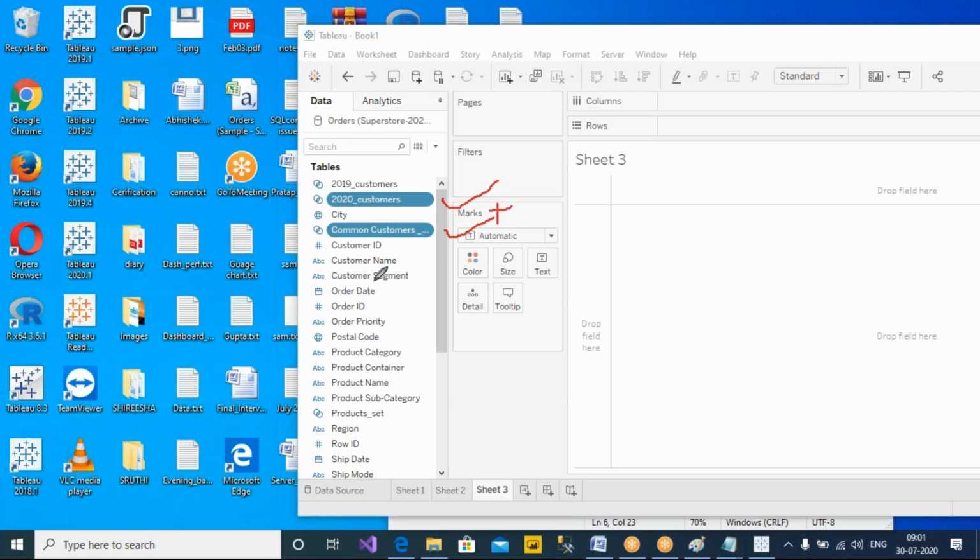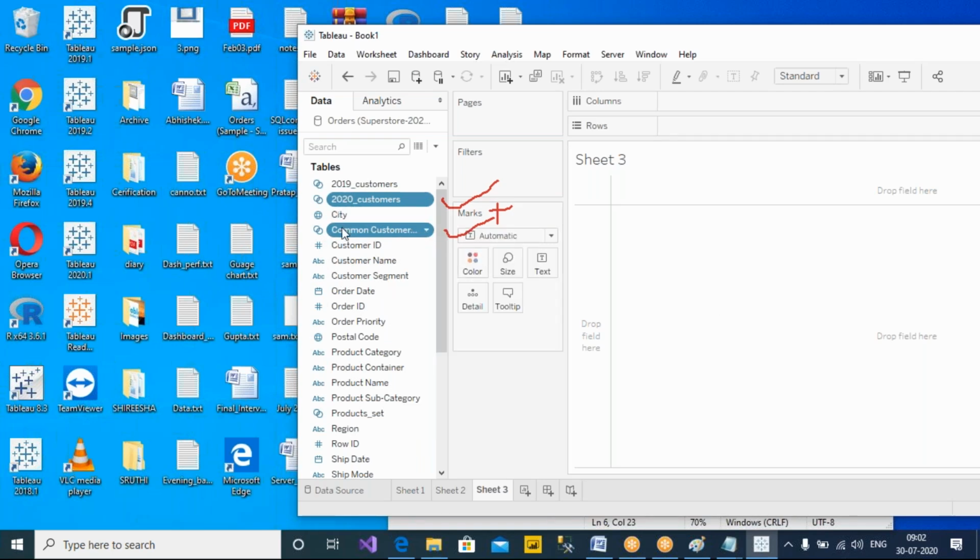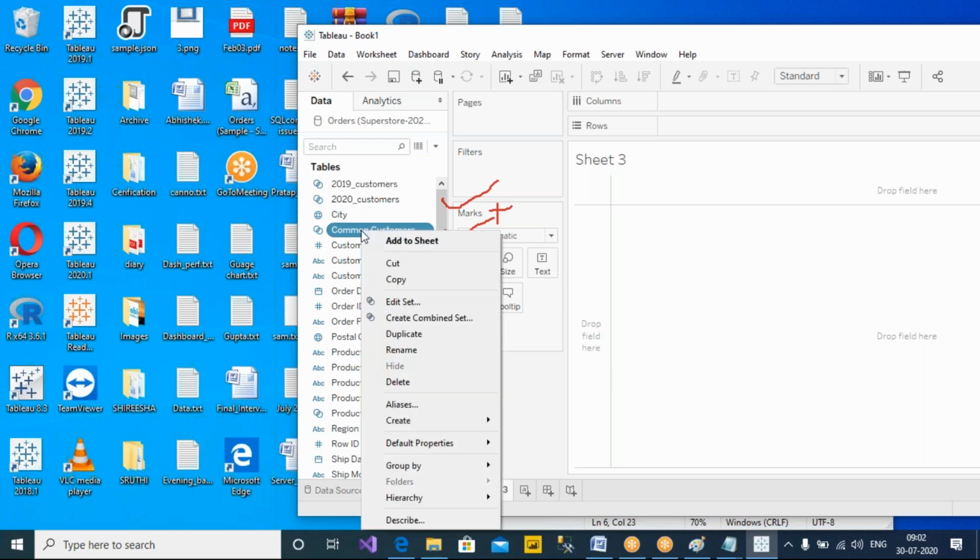That means the interview question is, can you create a combined set for a set which is already combined? Right click on this and you can see this option is available again. So when you have already combined two sets, on that combined set you can definitely join something else. There is no restriction there.